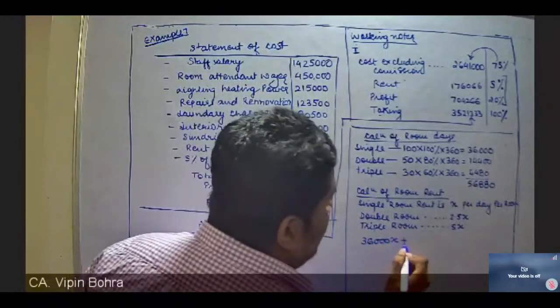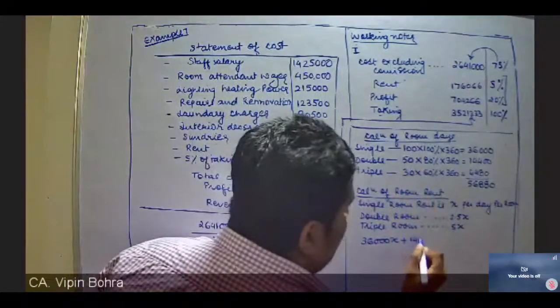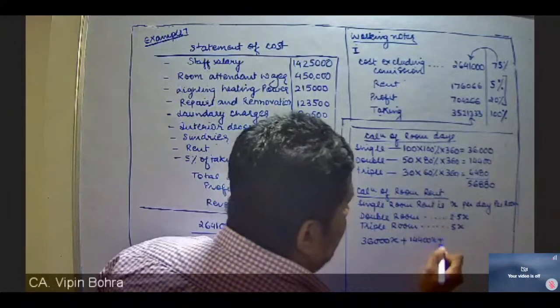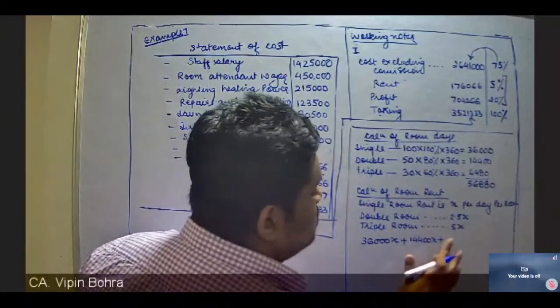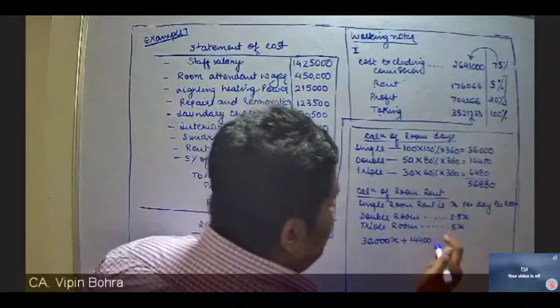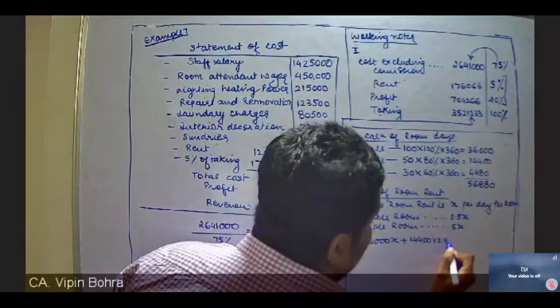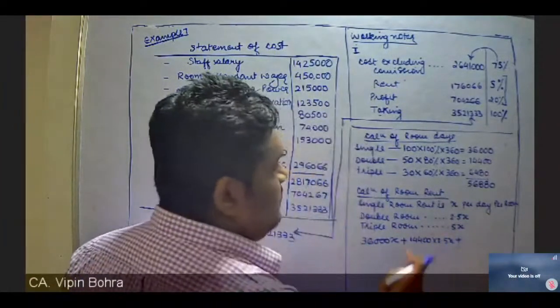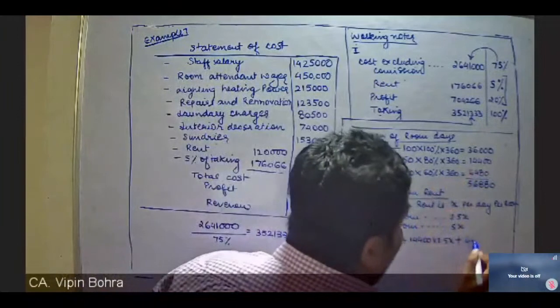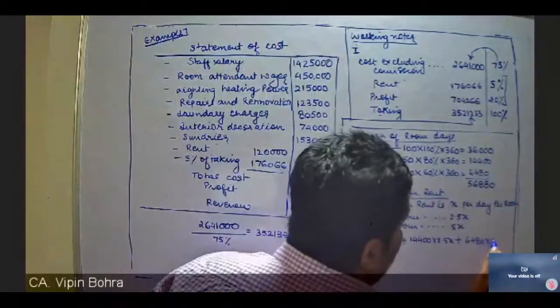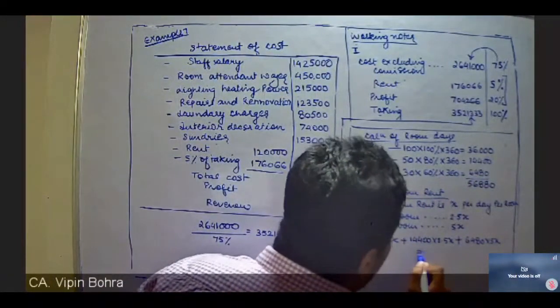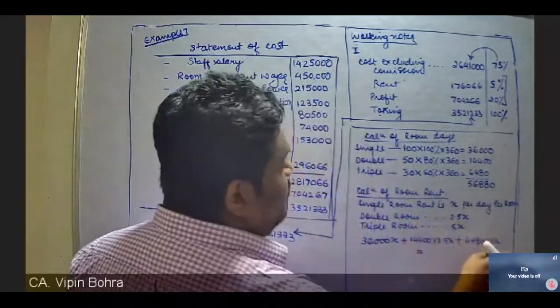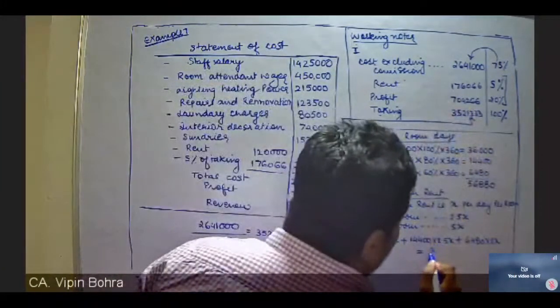For double room, it will be 14,400 into 2.5x, plus 6,480 into 5x. And this amount should be able to recover how much?